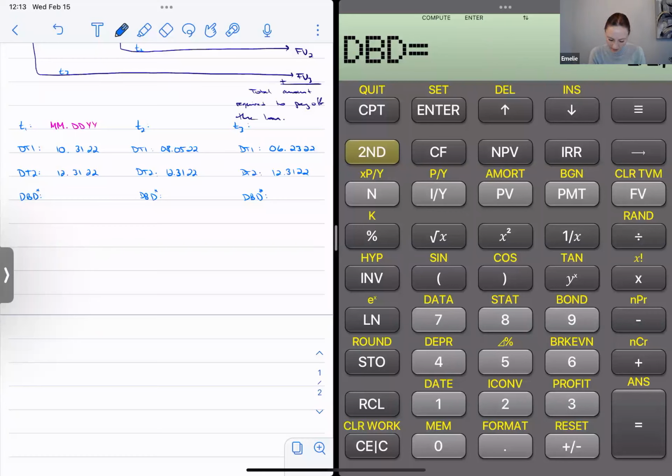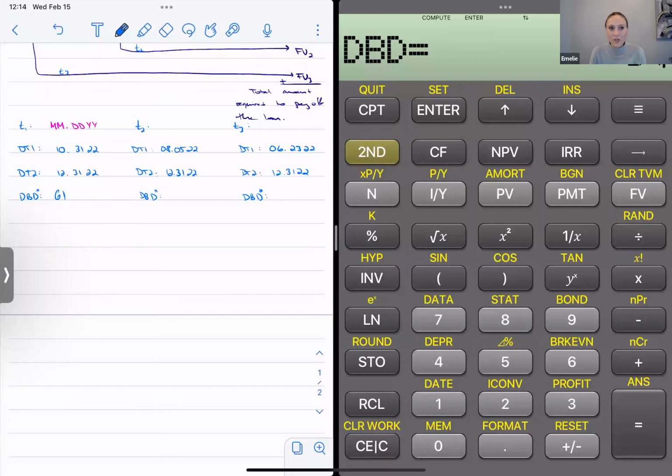This is not the value; that's the value from last time. To compute the days between dates, I have to hit the CPT button in the top left-hand corner. Compute, it's 61 days, so it only changed slightly. 61. All right, on to the next one.